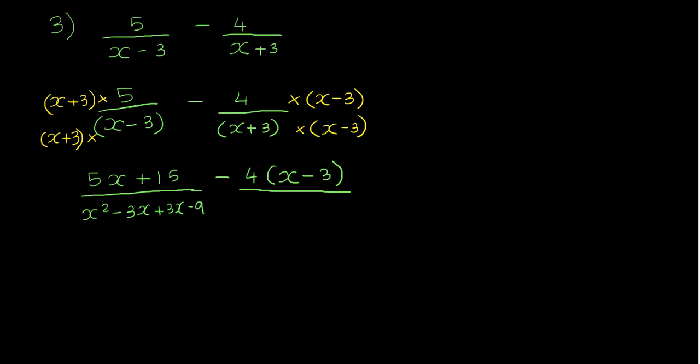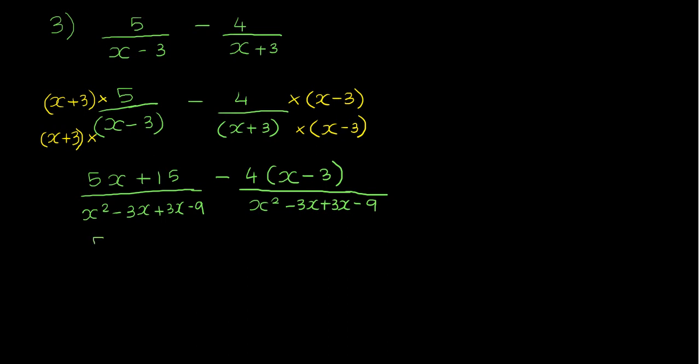So the denominator will be the same, x squared minus 3x plus 3x minus 9. Now the reason I did not expand my numerator is because of this negative sign. So I am going to expand my numerator over here, but I will do that once I've written the whole two fractions with the same denominator, and you will see what I mean by that in a bit.